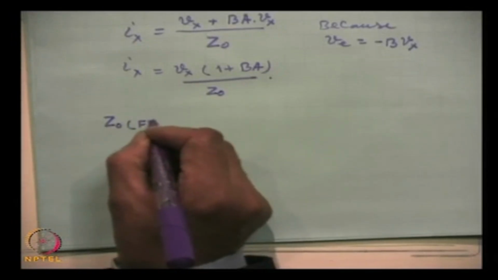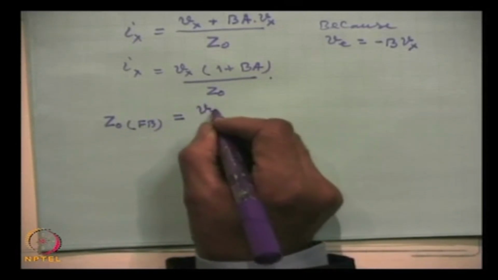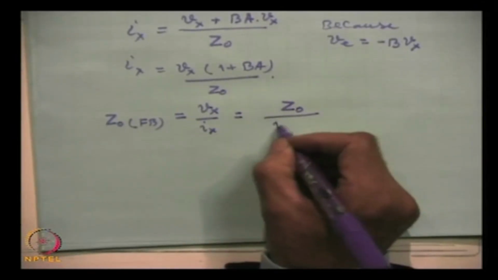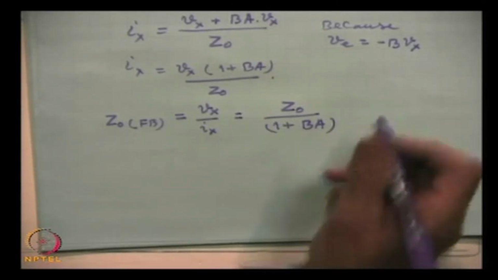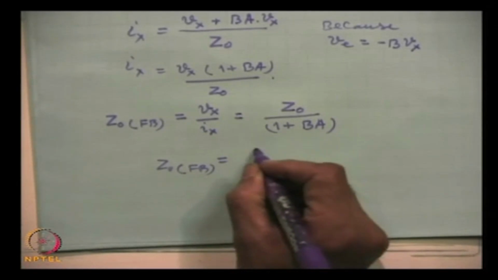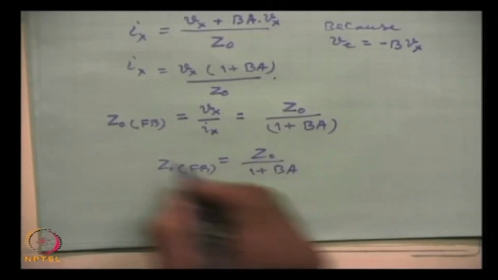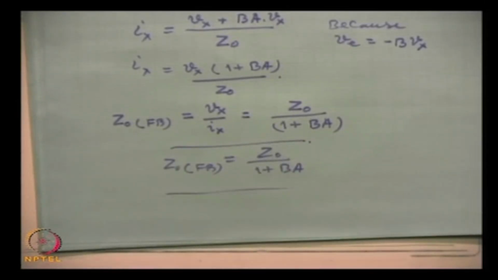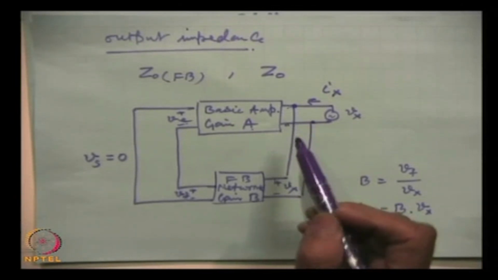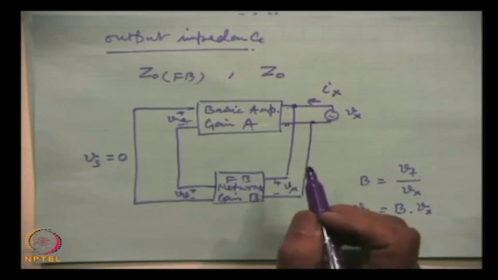The output impedance with feedback, by definition, is V x by I x, and this is equal to Z 0 F B equals Z 0 divided by 1 plus B A. This is the relation showing how the output impedance is reduced by the factor 1 plus B A. As I said in the beginning, we are now finding that in this configuration the output has a shunt connection, and a shunt connection reduces the magnitude of the impedance.